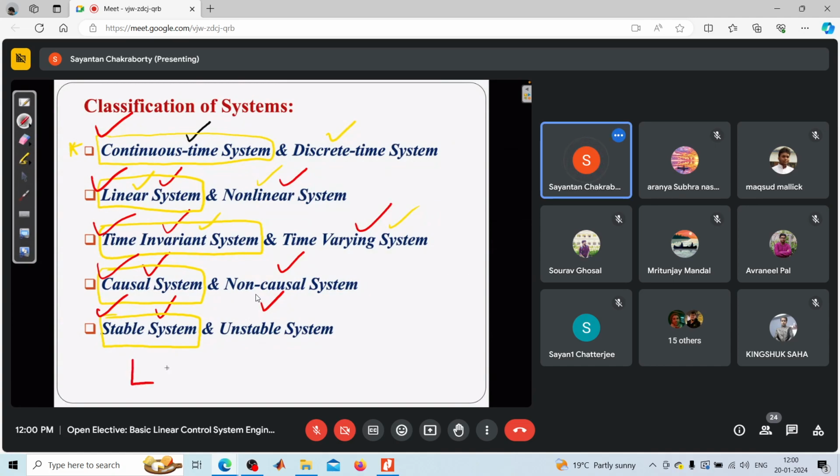Or in a sense, linear time invariant system. This LTI is a very common term. Linear time invariant system, which is continuous time as well as causal and stable. Right? So we shall only concentrate on this class of system.